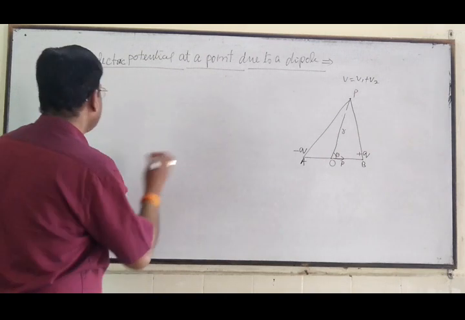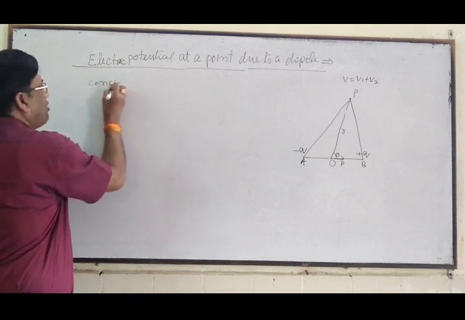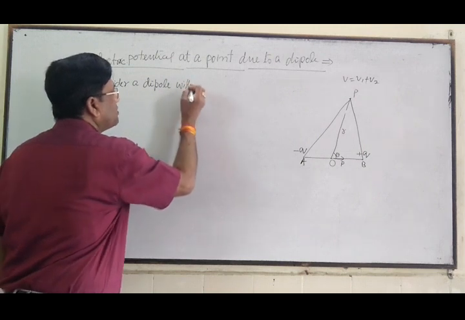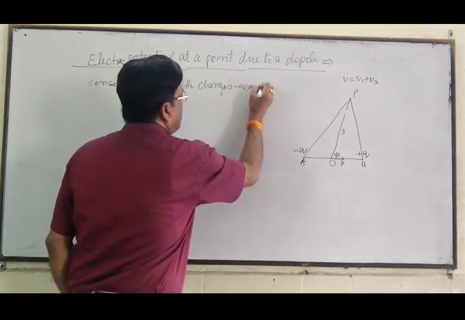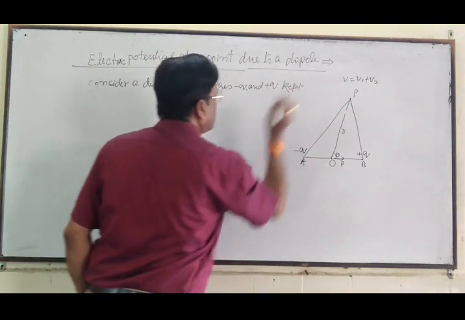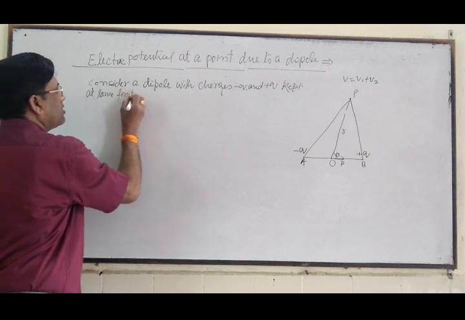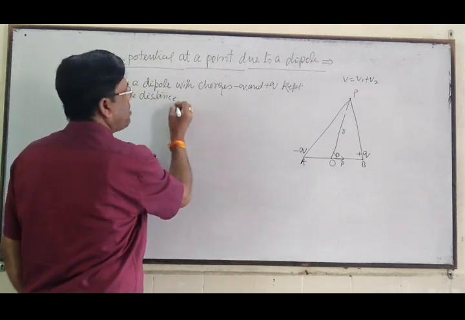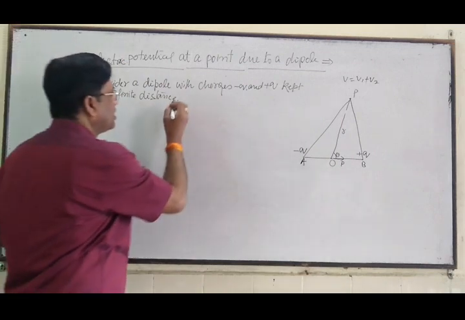In the first step you will write: consider a dipole with charges minus q and plus q kept at some finite distance.